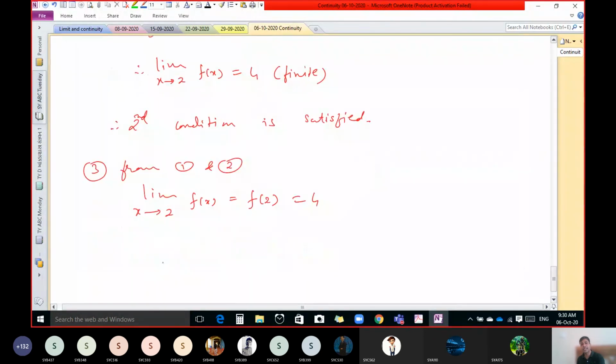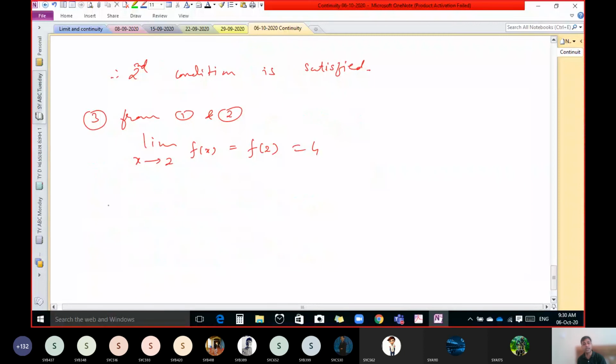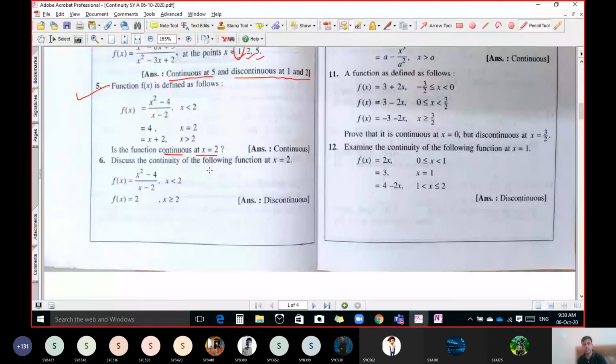So we can say that the third condition is also satisfied. Therefore f of x is continuous at x equal to 2. So this function is a continuous function at x equal to 2.